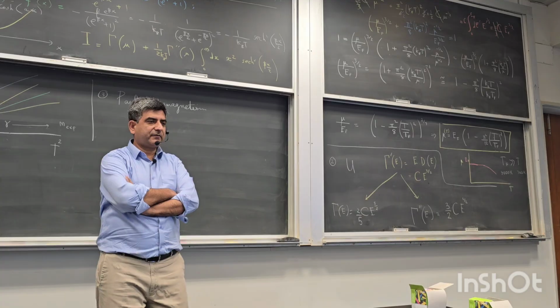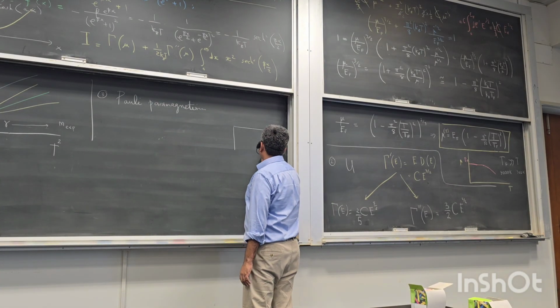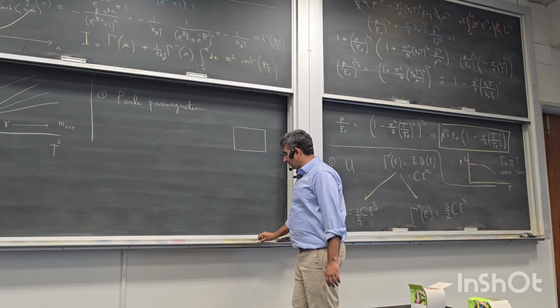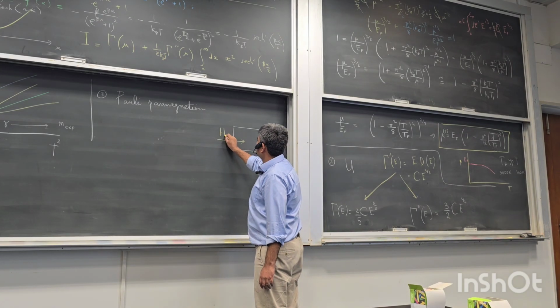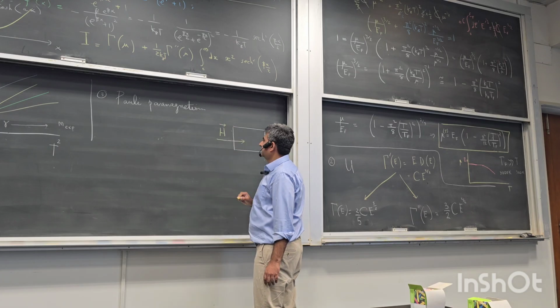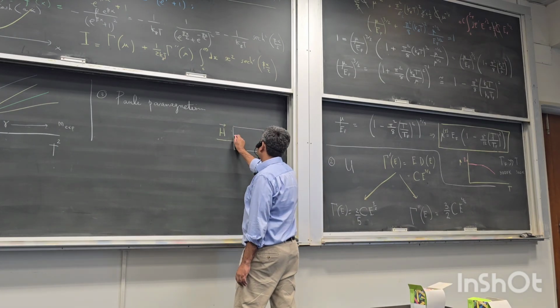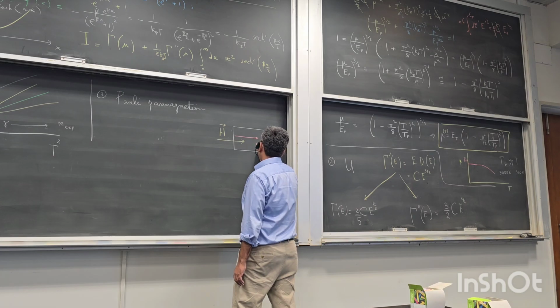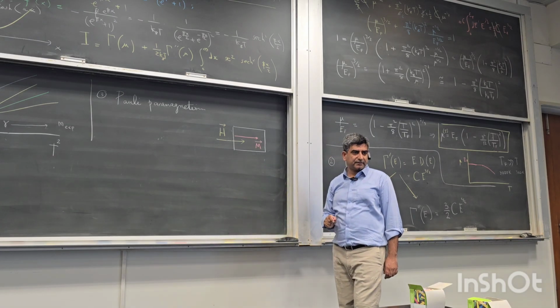So it's a weak magnetic effect. You have a solid and you apply a magnetic field H, say in a particular direction, and a magnetization M develops inside this solid parallel to the field. This is called paramagnetism.